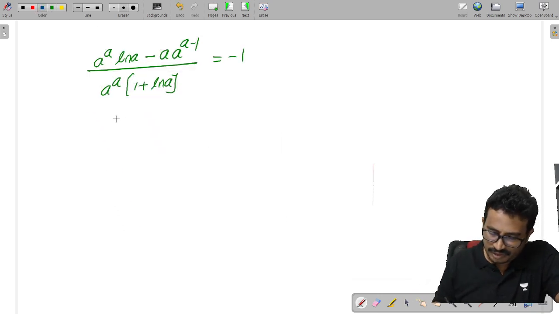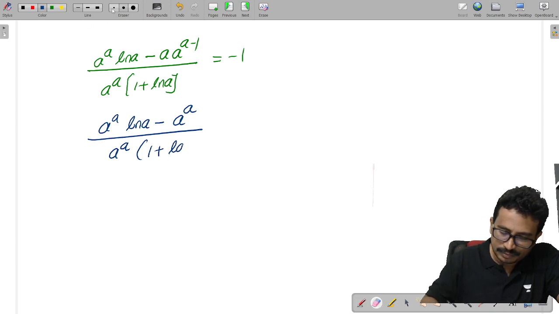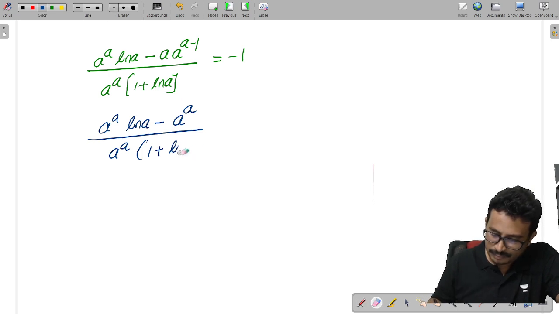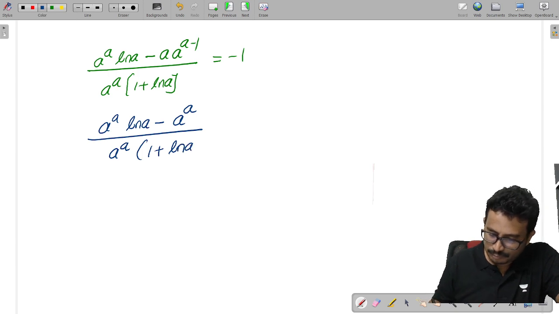Now let's simplify here. This is a^a into ln of a minus a^a by a^a into 1 plus ln of a, which is equal to minus 1.